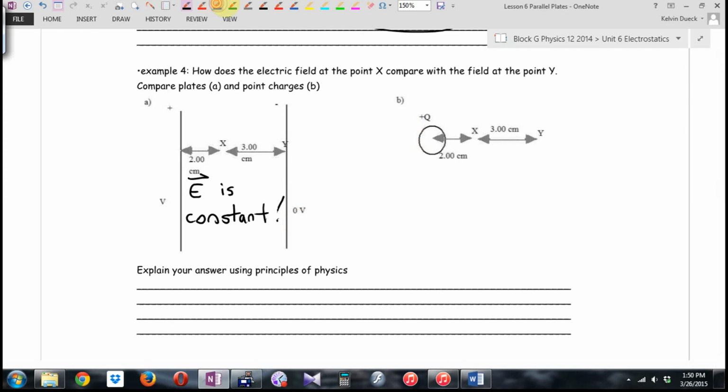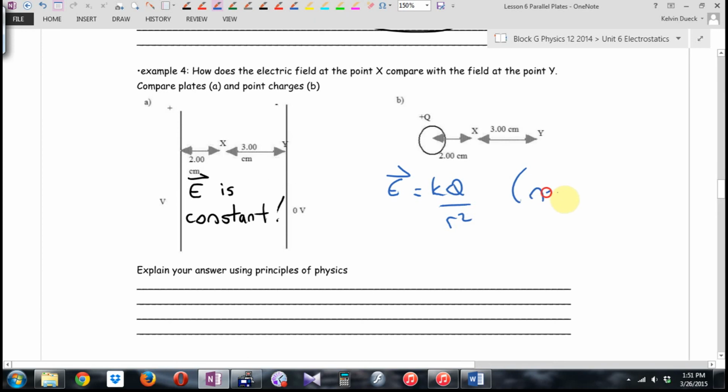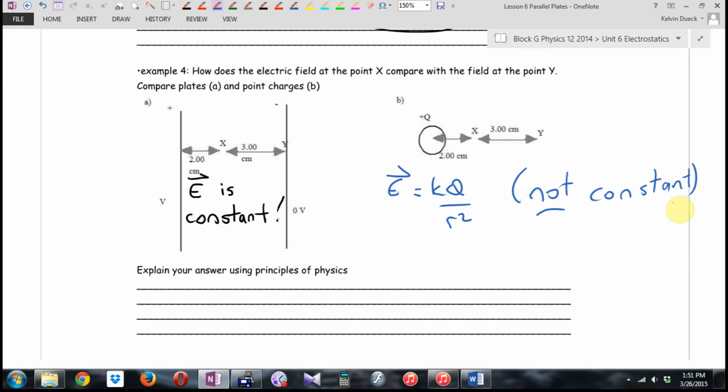Here, for a point charge, it's changing. Yuckier math. Much yuckier math because of that R squared. It says explain your answer using principles of physics. We just kind of did.